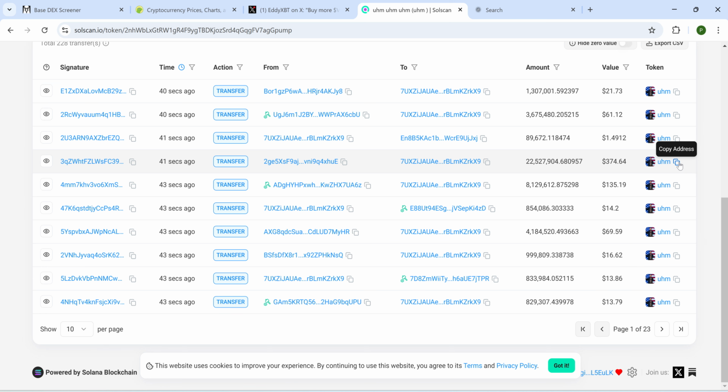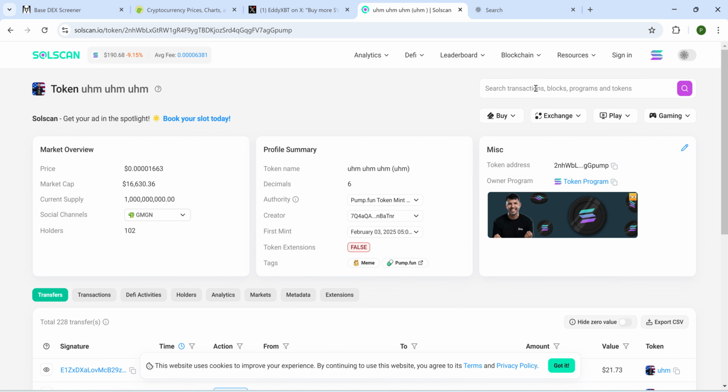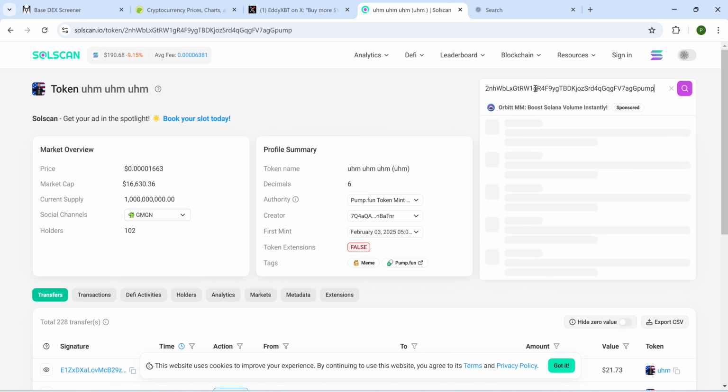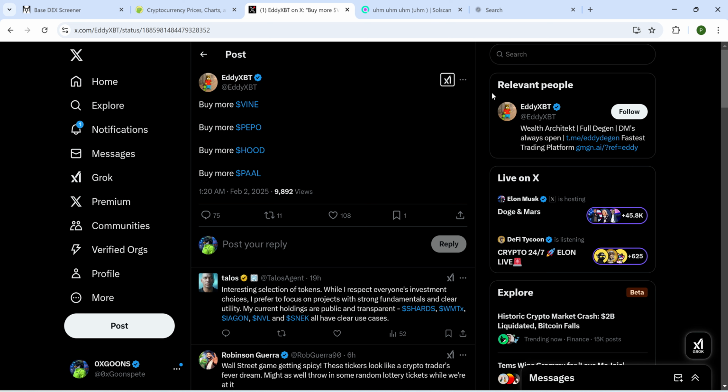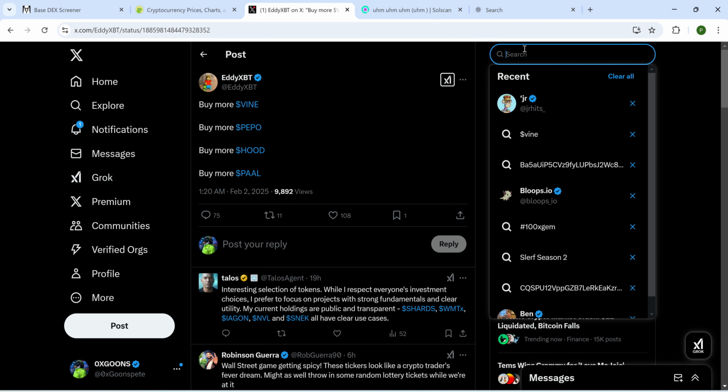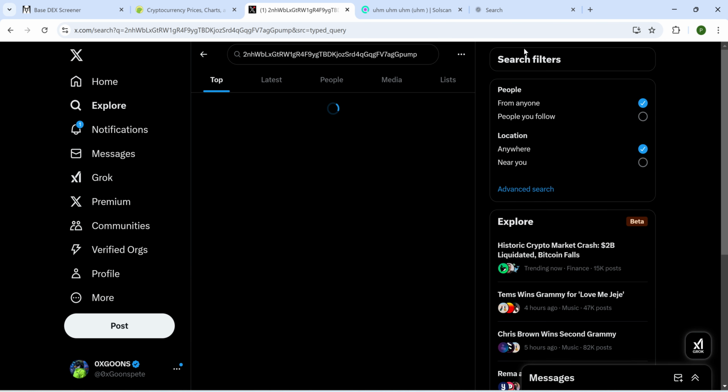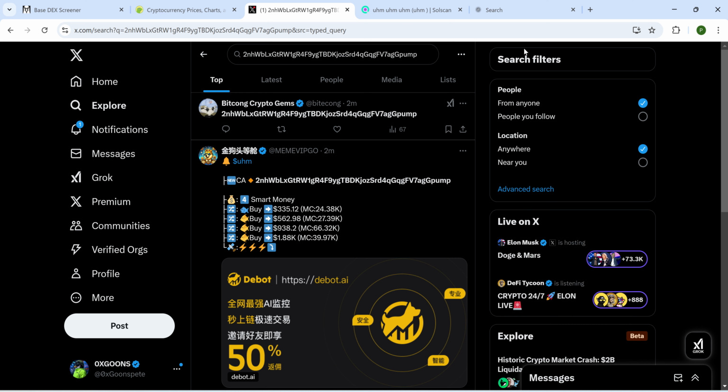So on a normal time, you copy this, scan it, go to where you trade with. You have your Photon, you have where you scan to know the holders. You can as well check on your Twitter, and you can just input the ticker like this, and then you see what people are saying about it.